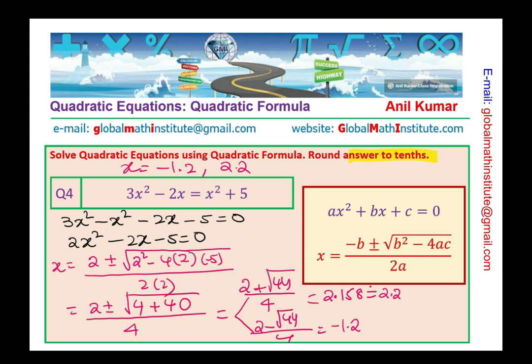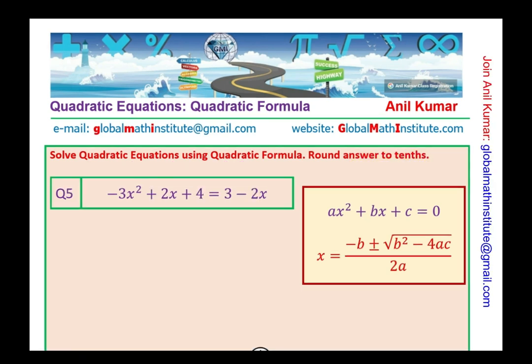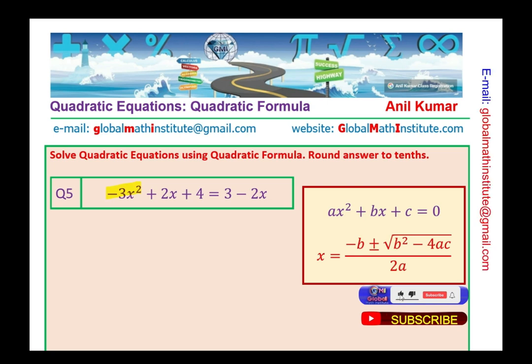Makes sense, right? So the last question is question number 5 for you. Once again, we have an equation. You need to rearrange, bring all the terms together. It is minus 3x squared plus 2x plus 4 equals 3 minus 2x. I prefer to keep this term positive, so I'm going to take it to the right side.